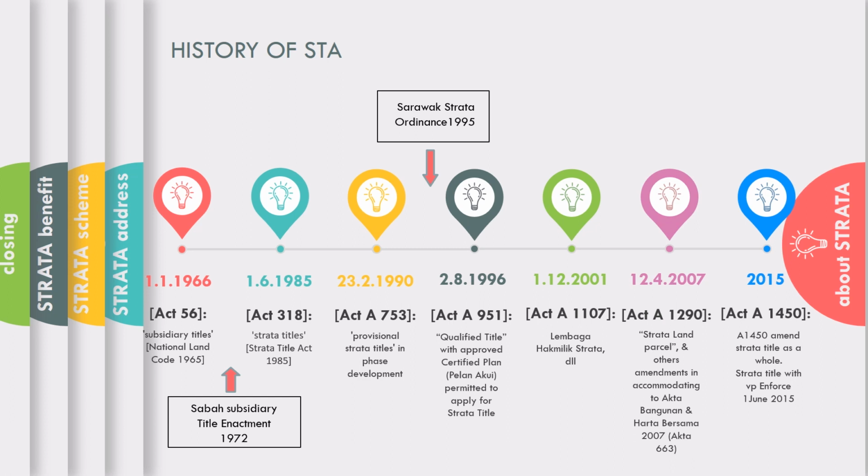Before 1996, Act A 951 introduced Qualified Title, and there was the Sarawak Strata Ordinance 1995. Based on this journey, there were changes from 2001 until 2015. Act A 1450 amended the Strata Title Act as a whole, enforced on 1st June 2015.